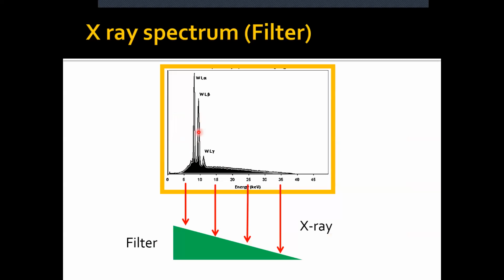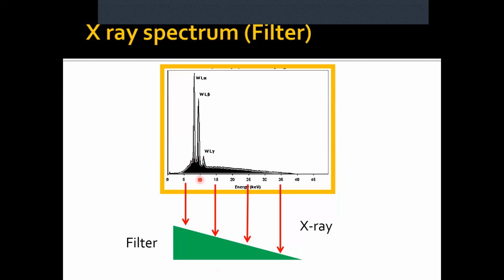So here we have the X-ray spectrum, and here we're going to be looking at filters. Now, filters are things you'll attach onto the X-ray because you want to focus the beam of light onto a specific spot. This image demonstrates what will happen to the X-rays as they pass through the filter.